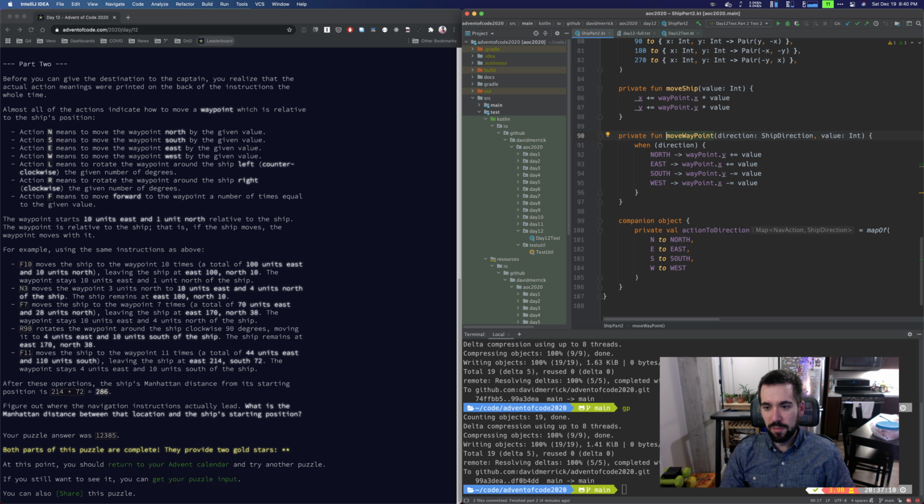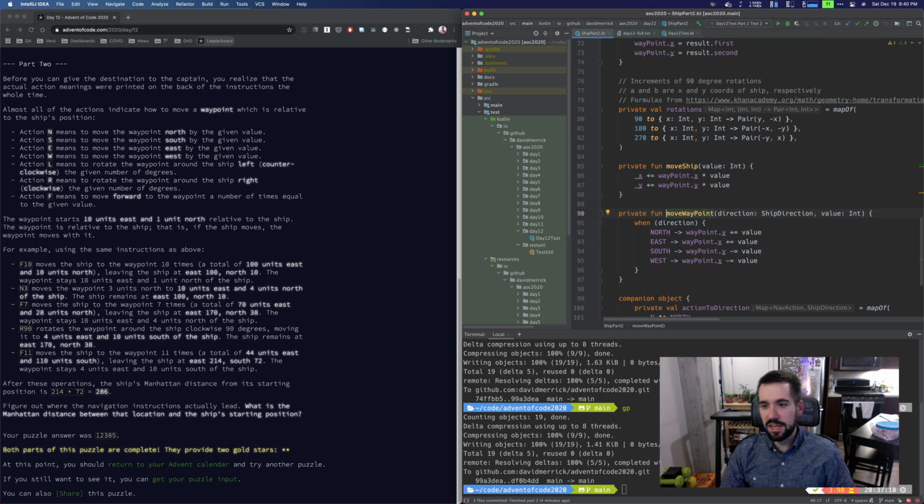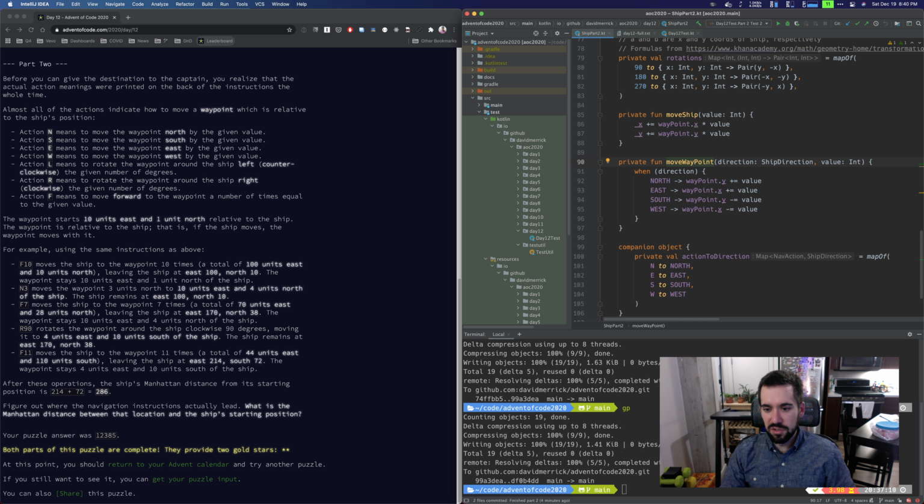And then this waypoint y, you subtract the value. The west is you subtract it as well. And then I also normalized the instructions to these north, south, east, west directions, just to take the instruction that they give us and normalize that to directions here.